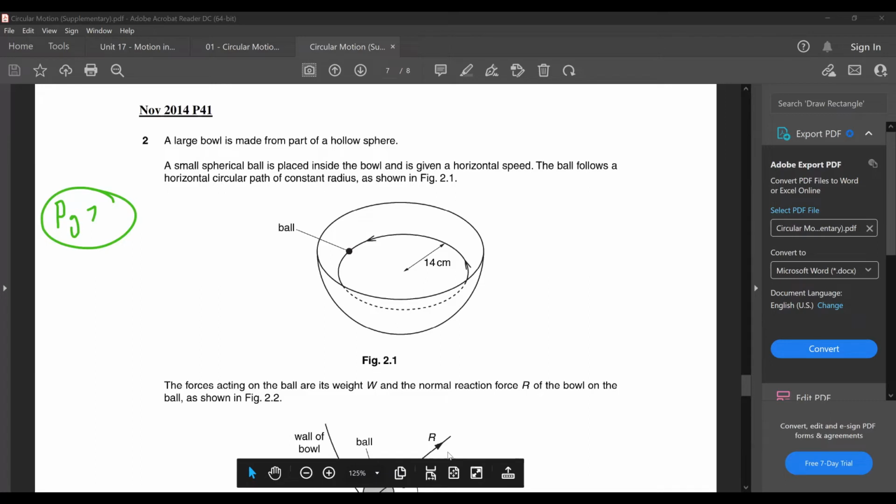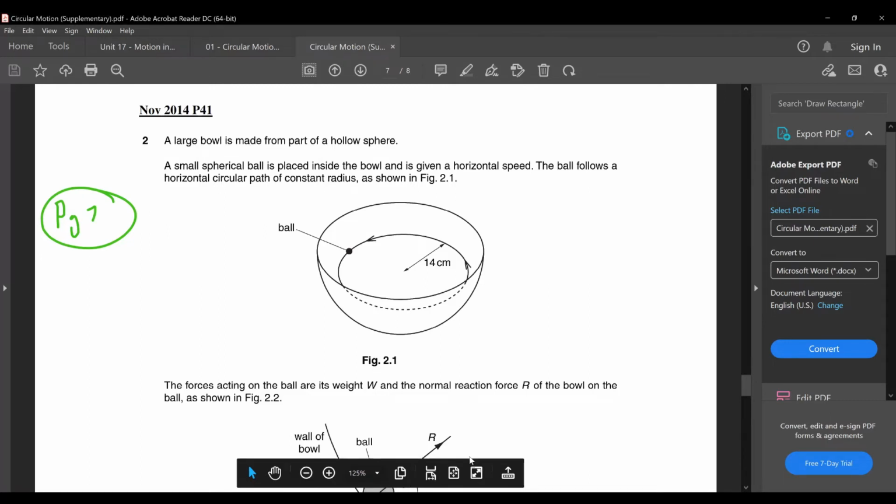Okay, so we're talking about November 14 P41. Let me open up the question.